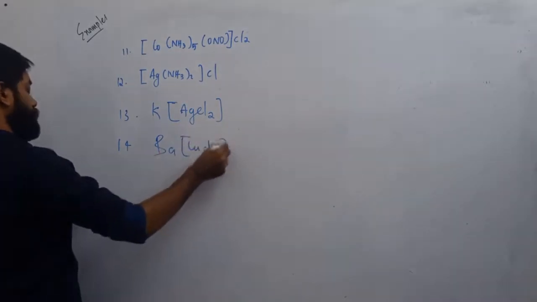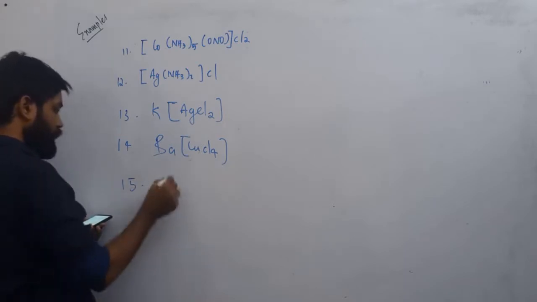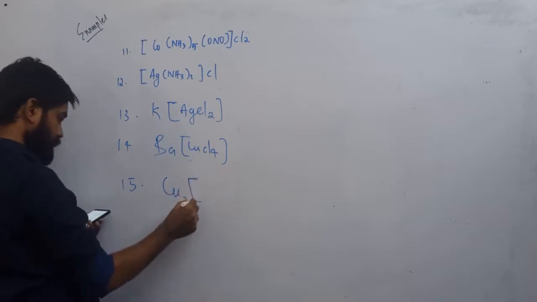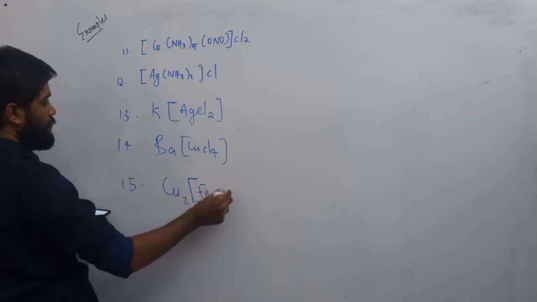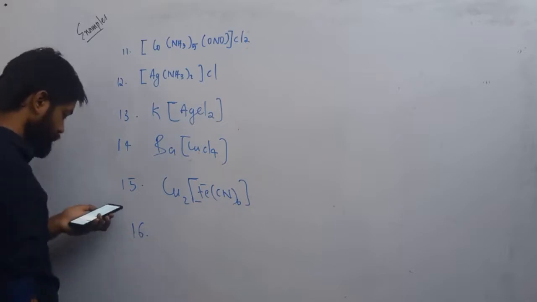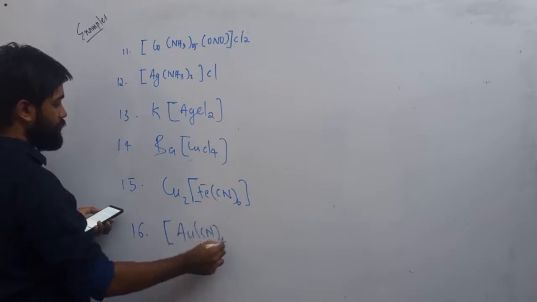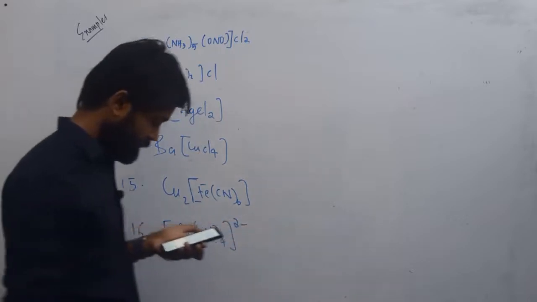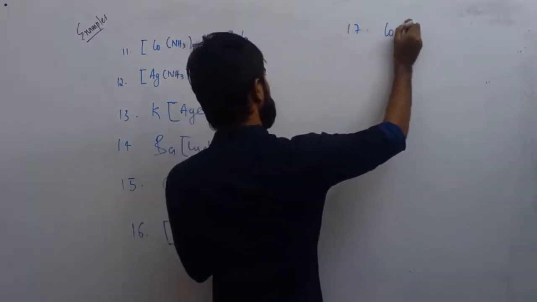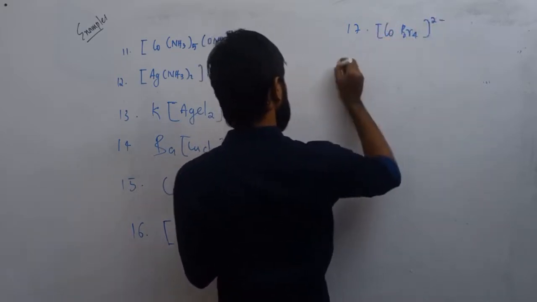BaCuCl4, Cu2, FeCN 6 times, AuCN 4 times, 2 minus. CoBr4, 2 minus.